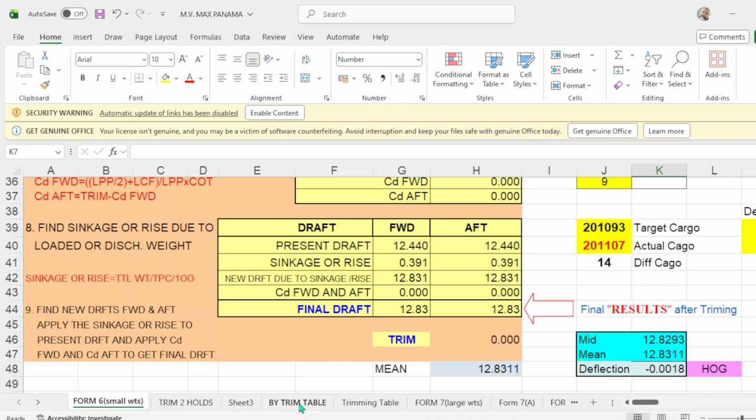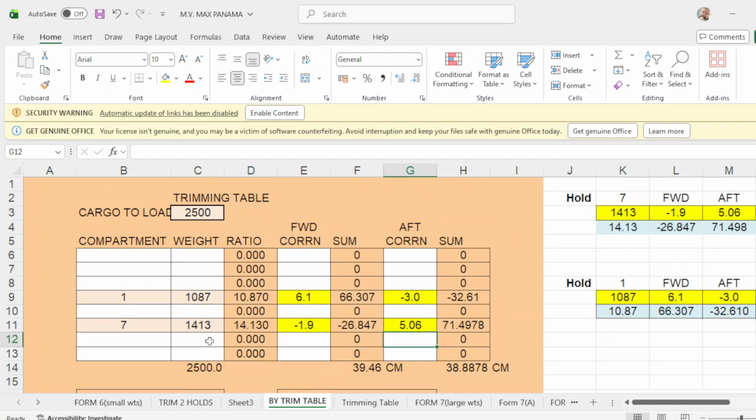Now we go to the third program, by trim table. Take note of the remaining cargo to load is 2,500, and here in number 1 you load 1087, number 7 will be 1413. Now in your hydrostatic table, you look for the forward correction of number 1. You put the forward correction here, and aft correction here.